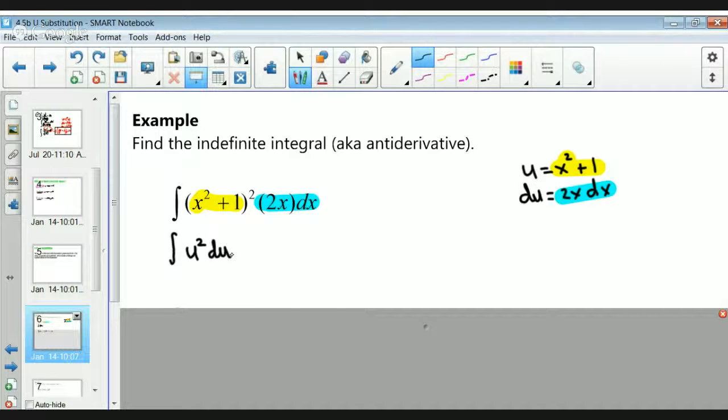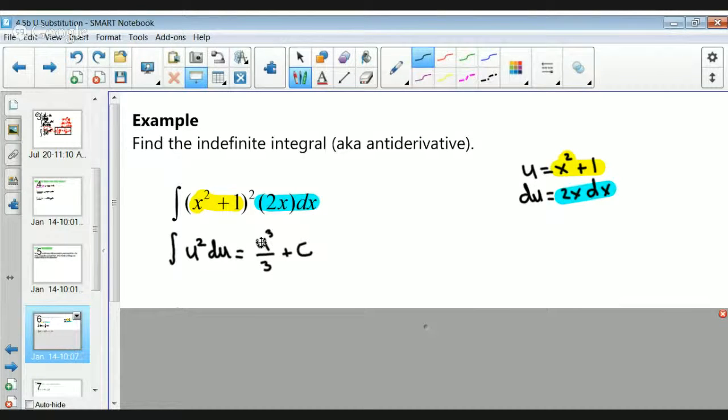All right, so now recall what this means. This integral symbol combined with du means find all antiderivatives of u squared. So in this case, we would get u cubed over 3 plus c. However, our original problem actually asked us to find all antiderivatives of all this stuff, the quantity x squared plus 1 squared times 2x.